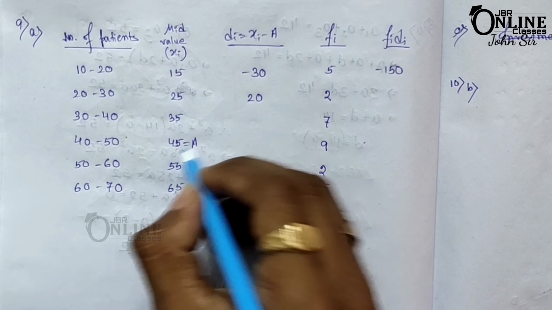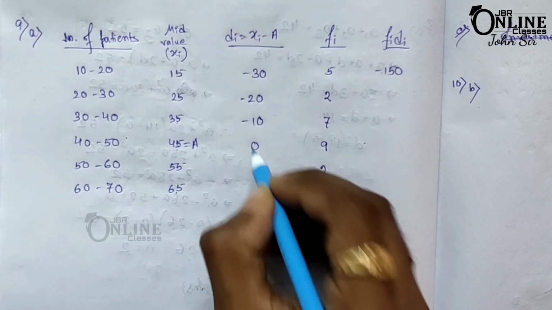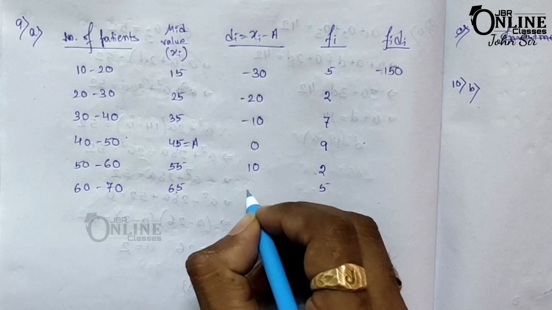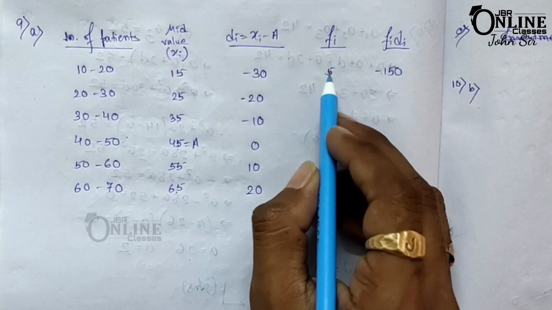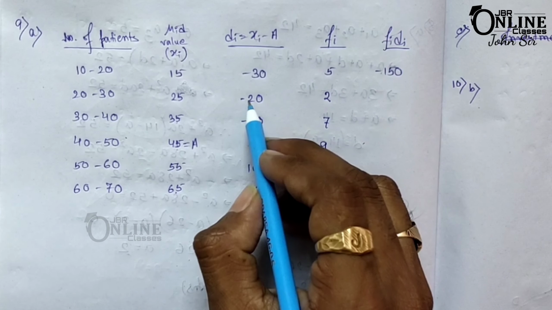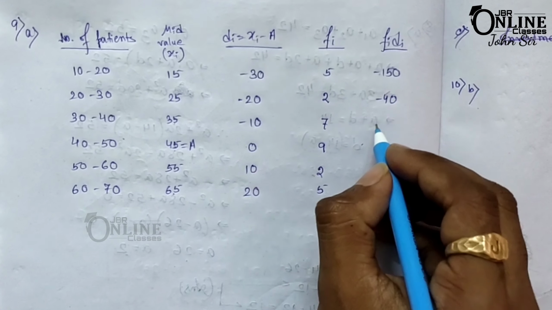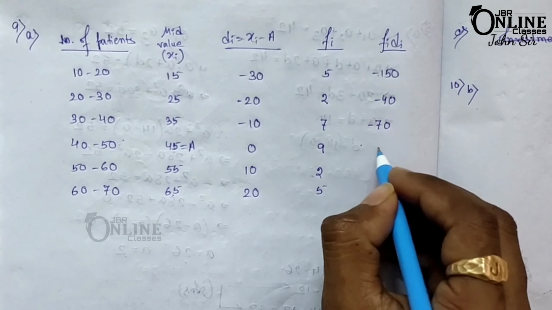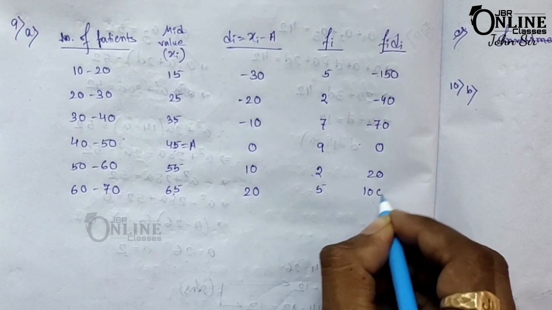Then 35 minus 45 equals minus 10, then 0, then 10 and 20. Now fi di: minus 30 into 5 is minus 150, minus 20 into 2 is minus 40, minus 10 into 7 is minus 70, then 0, then 20 and the last one 100.